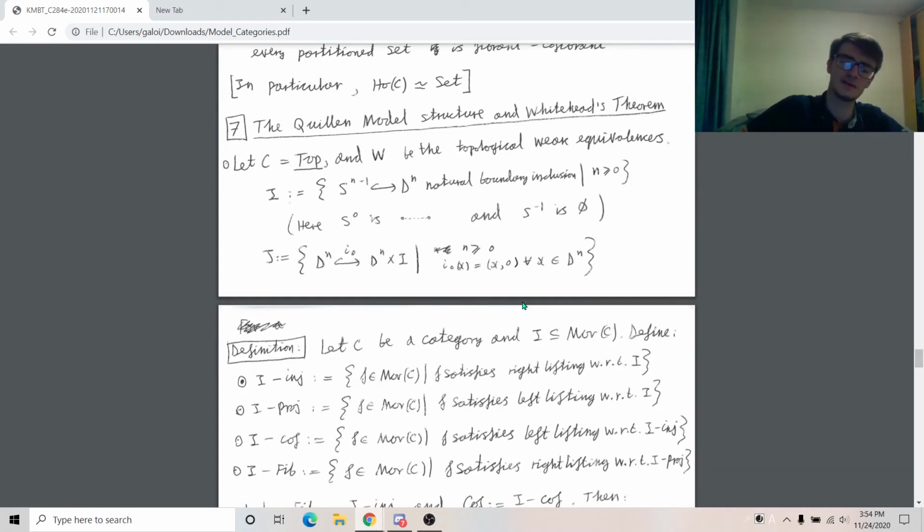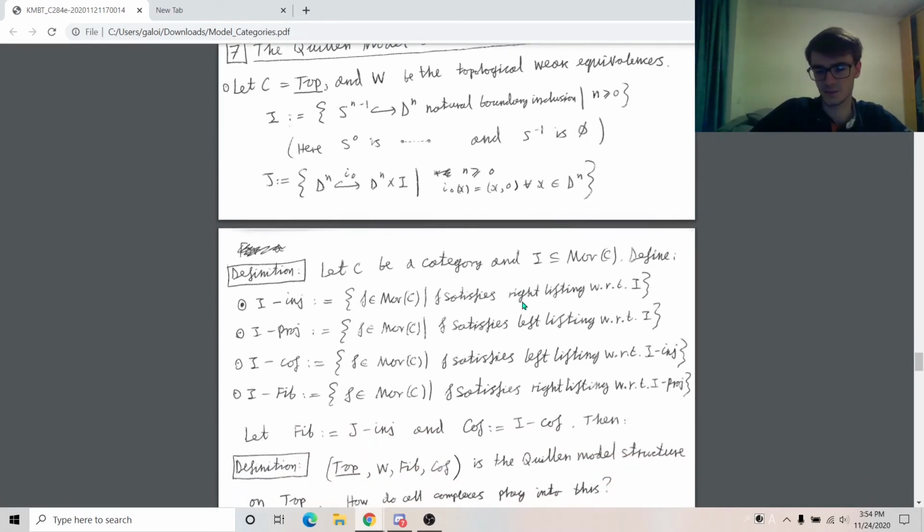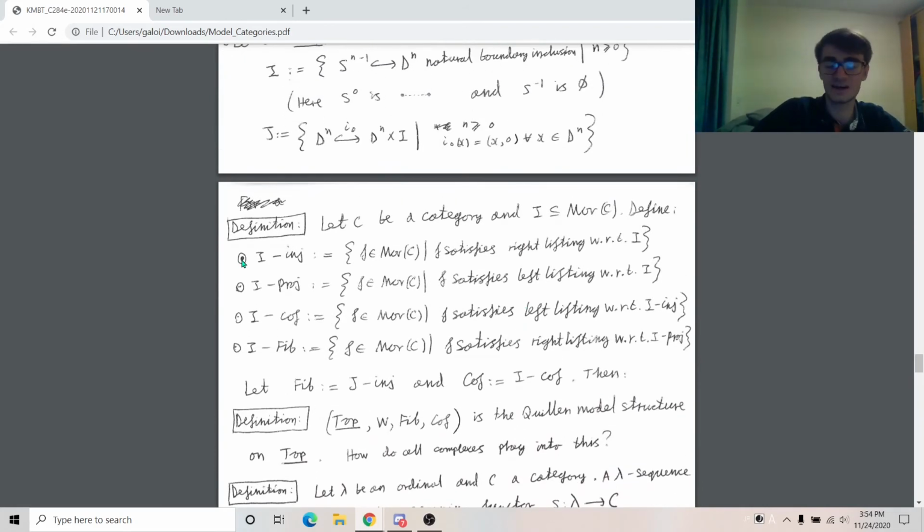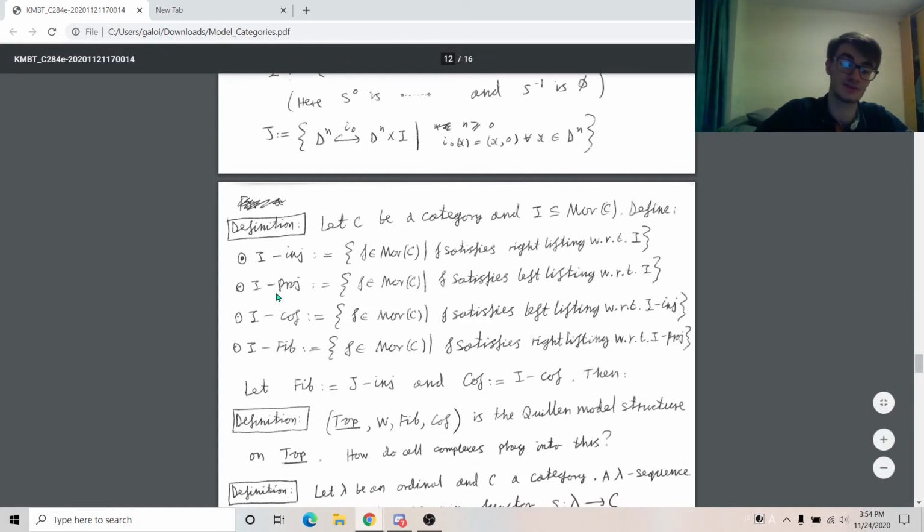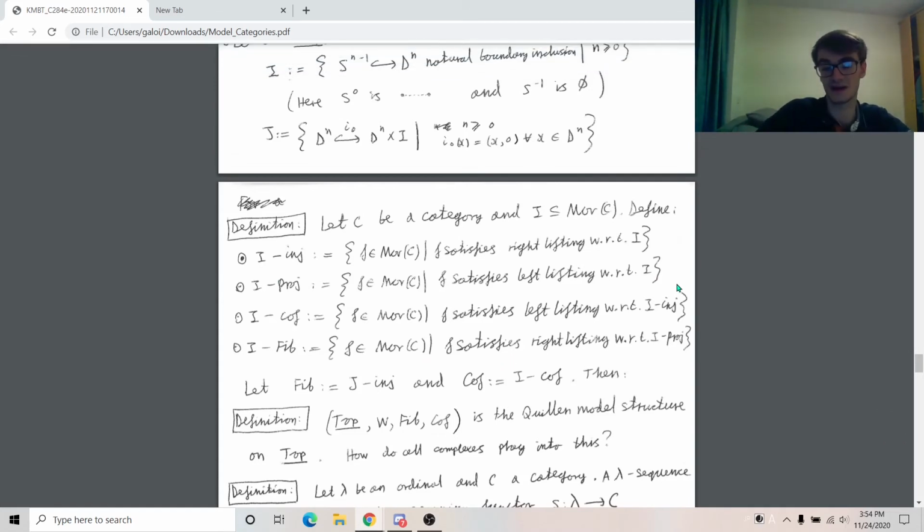So we define for any category C and any class of morphisms I, the I injectives are the maps satisfying right lifting with respect to I, and the I projectives are the maps satisfying left lifting with respect to I. And you reflect once more. So the I cofibrations are the maps satisfying left lifting with respect to the I injectives, and the I fibrations are the maps satisfying right lifting with respect to the I projectives.